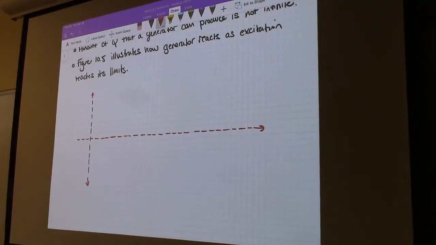Okay, so the x-axis for this graph is going to be P generated. The y-axis is going to be Q generated. So this is going to be supplying. This is going to be consuming, just to get our bearings. And this right here is going to be our Q max value.